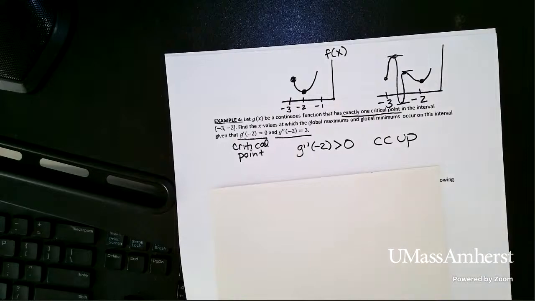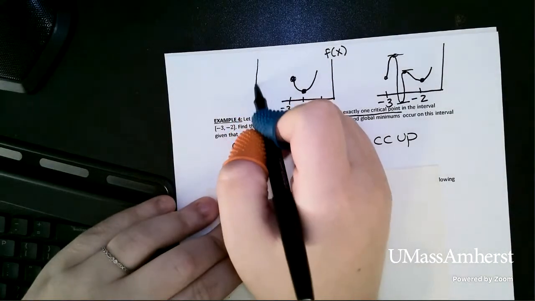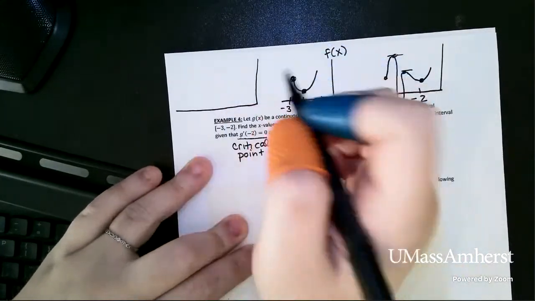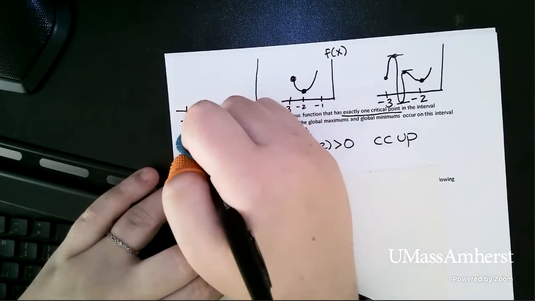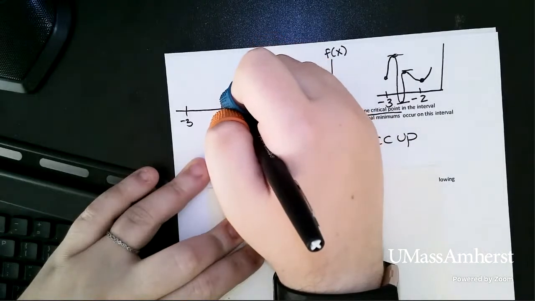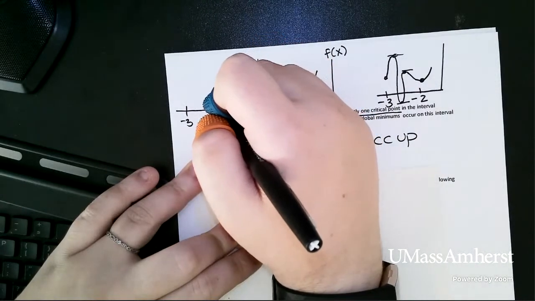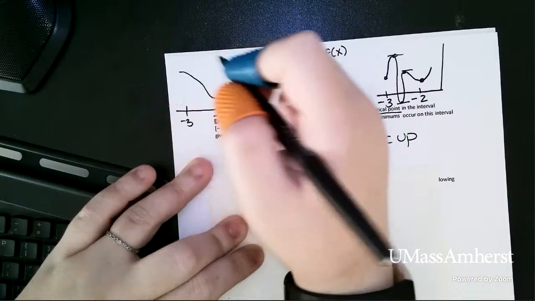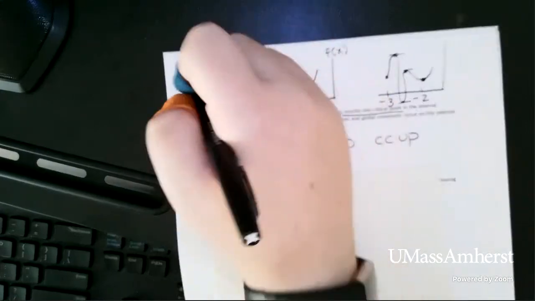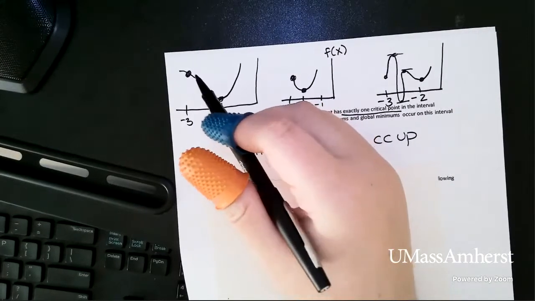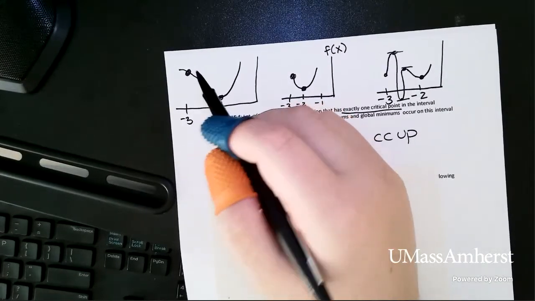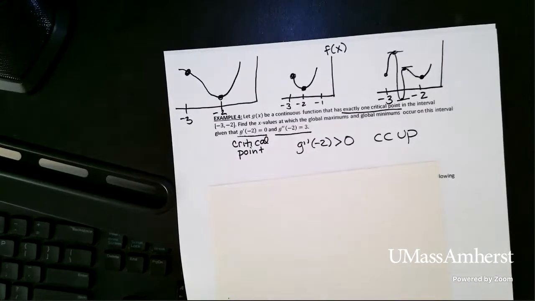Now, there is one alternative that could happen. So -2 to -3, we could change the concavity like this. That could happen because we know we're concave up at -2, but we could be concave down over here. However, that will not change the global max and min on that interval, okay?